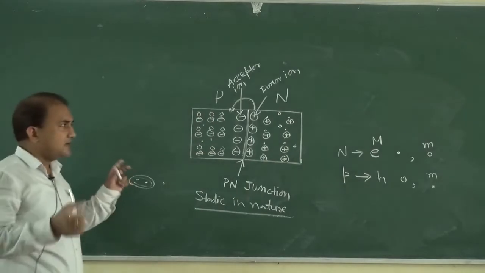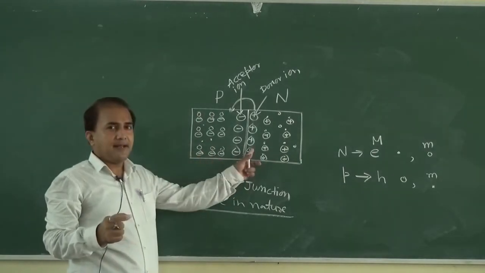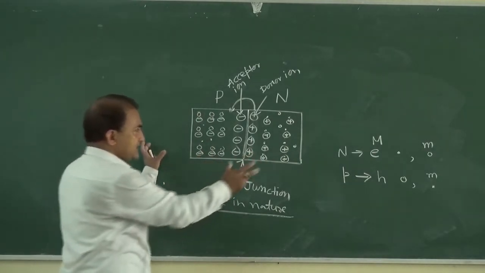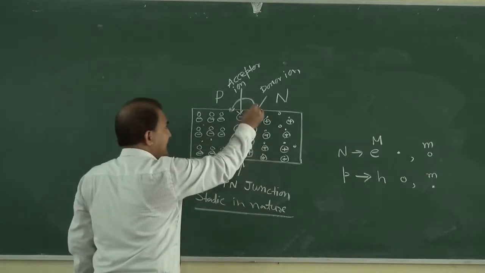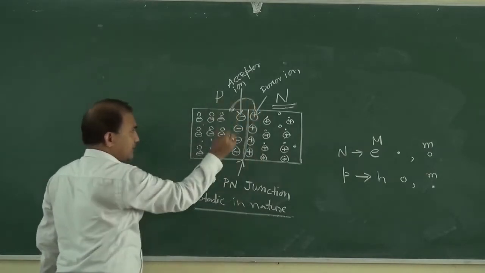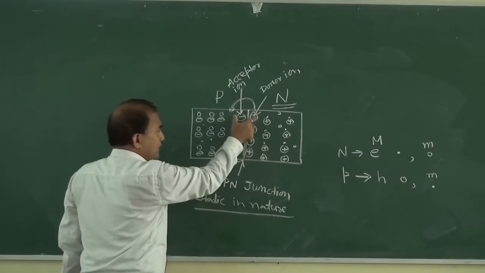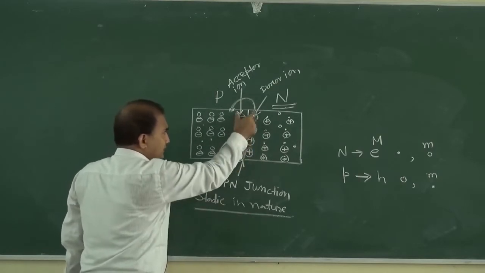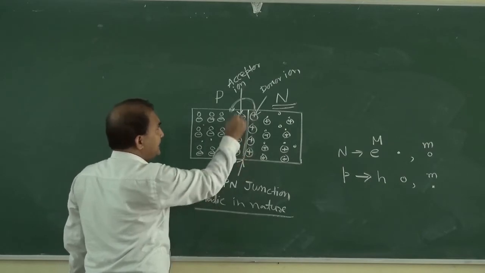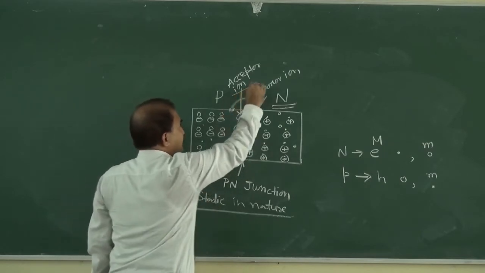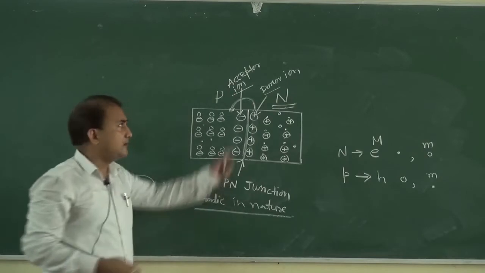So what happens when p-type and n-type are combined? When combined, the electrons on the n side try to diffuse to the p side. Electron and hole recombine across the junction, leaving behind only acceptor and donor ions.